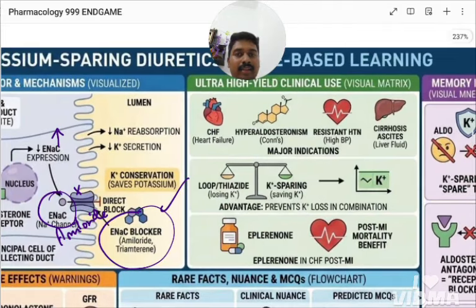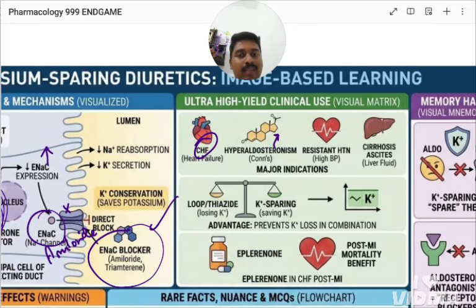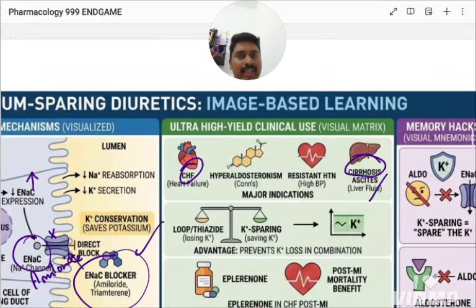Now where are these drugs used? Potassium sparing diuretics: one is in CHF along with loop diuretics. Second is in Conn syndrome, because in Conn syndrome we have hyperaldosteronism, and these drugs act exactly at the aldosterone receptor. That's why it is used in Conn syndrome. Third is in resistant hypertension. Fourth is in cirrhosis, where we use spironolactone, because there also we use loop diuretics to decrease fluid retention.